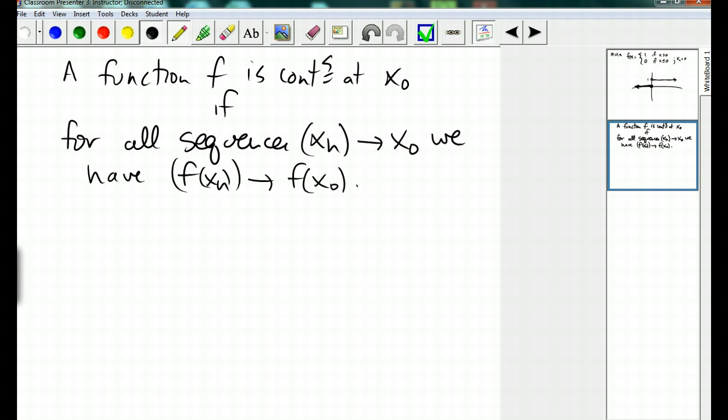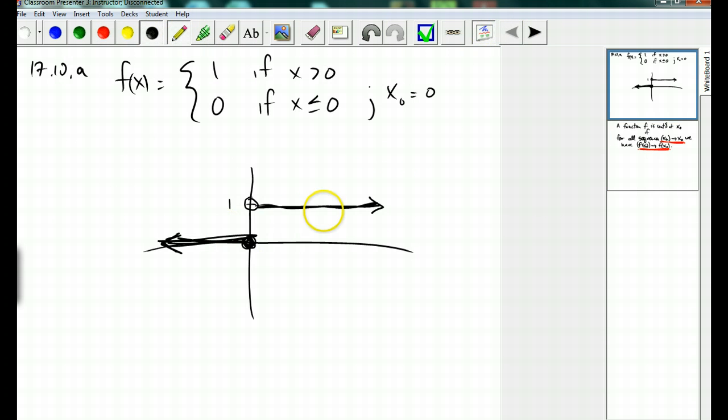All right? So in order to show a function is not continuous, that means we have to show that we do not satisfy this. In other words, we have to find a sequence that satisfies the antecedent, in other words, xn goes towards x naught, but violates the consequent. Well, if we look back at our picture, there's going to be a bunch of sequences that would possibly work here.